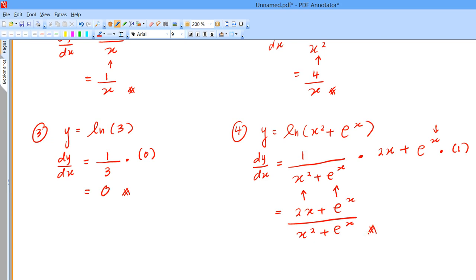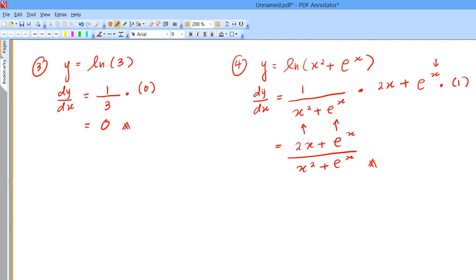Okay, next example number 5, y equal to ln sin 5x. We have coefficient equal to 1 and then function equal to sine 5x. Sine 5x refers to trigonometric function.